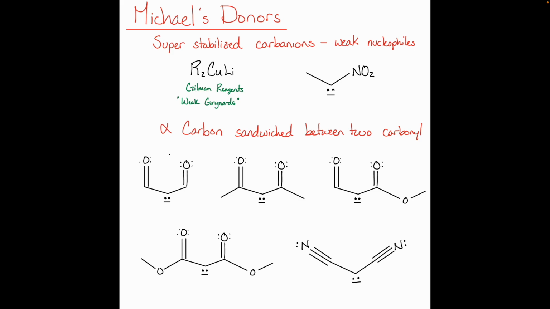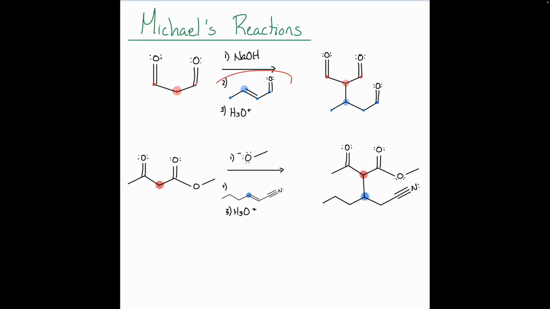One more example that I want to do here is our Michael acceptors, or at least the one up top here, these enones. These are actually the products of a reaction that we studied earlier, our aldol condensation reactions.